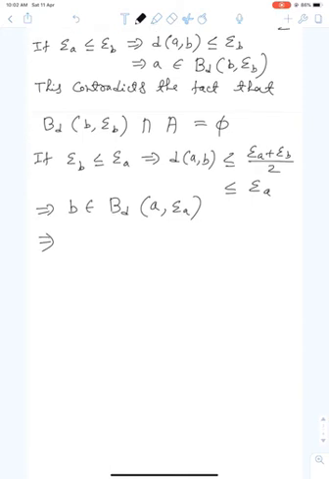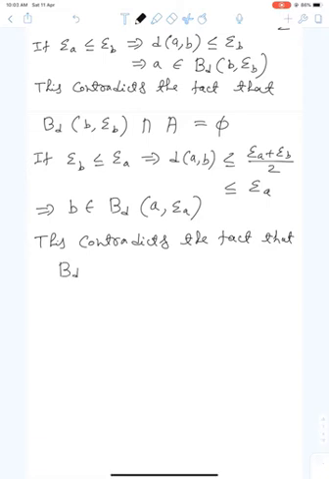So this is a contradiction, as this contradicts the fact that the ball intersect V is empty.